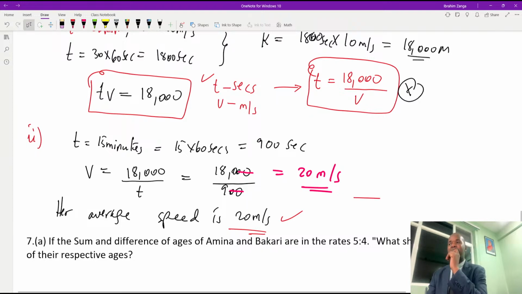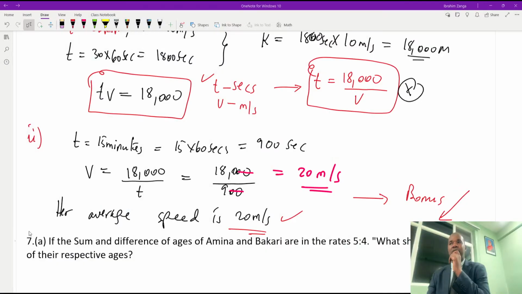I'll go to the bonus part, and the bonus will be solving question number 7A. And 7A is actually a question on ratios. So you have to understand the ratios. If you check the format, question number 7A is supposed to be the topic of ratios.